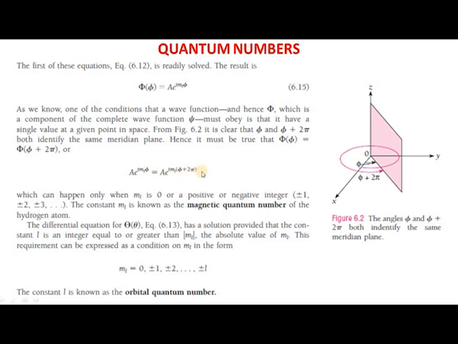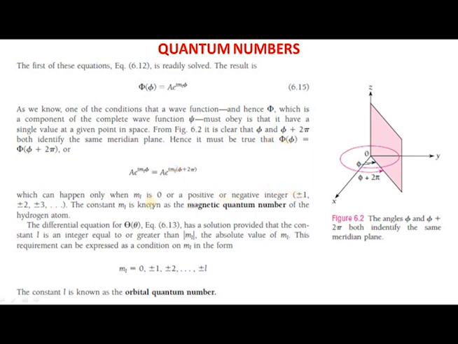This can happen only if ml takes positive or negative integer values. e raised to i theta is cos theta plus i sin theta, and it is possible to write this equation only if ml can take positive and negative integer values including 0.